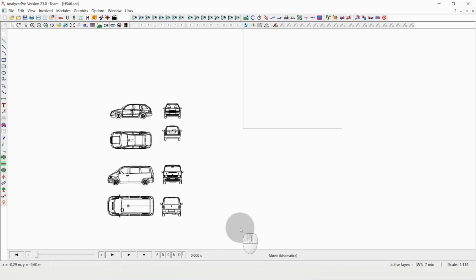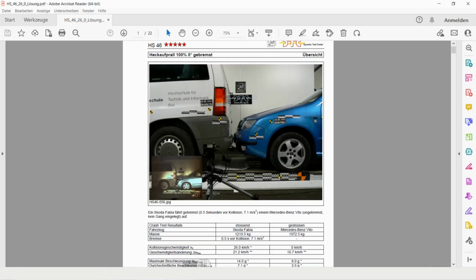We're going to present that with the example of a crash test done by the Dynamic Test Center Switzerland. Thank you very much here for the opportunity and for giving us the data.